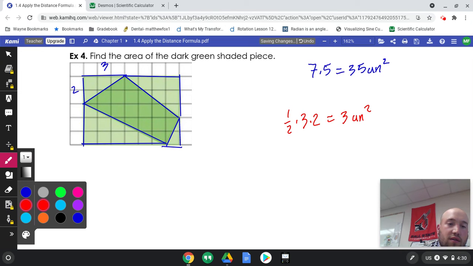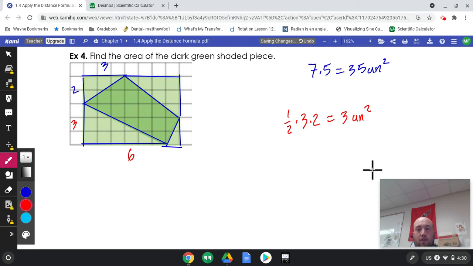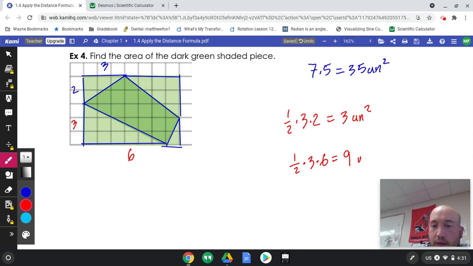Bottom left here, height of 3, base of, let's see, 1, 2, 3, 4, 5, 6. Okay, so if we do that, we will then get 1/2 times 3 times 6. So that's 18 times 1/2 would be 9 units squared.